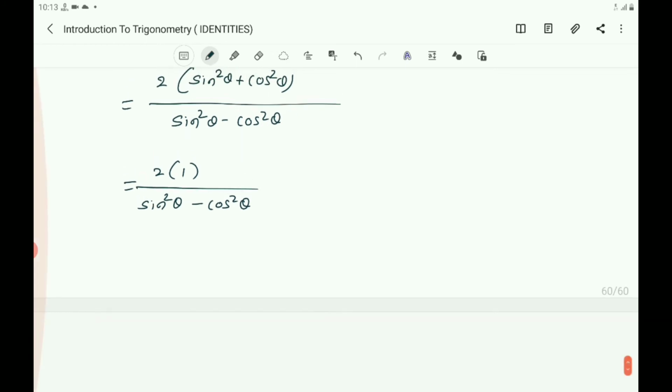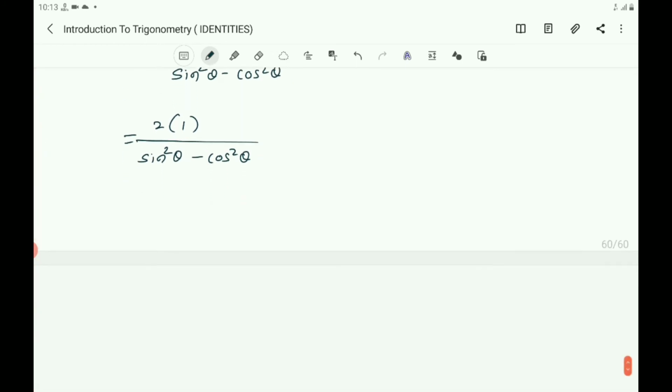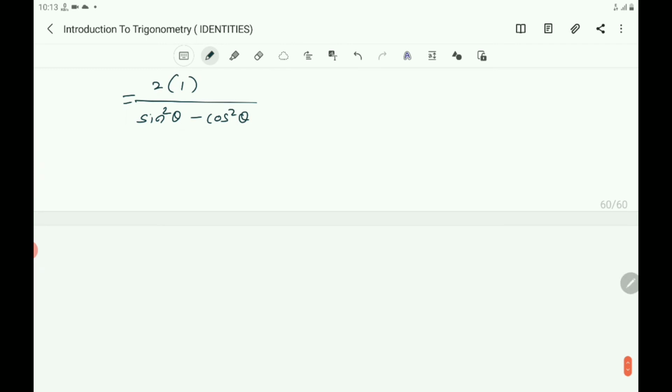So divide both numerator and denominator by cos square theta. So you will get 2 by sin square theta minus cos square theta. To get tan square theta, you must divide sin square theta by cos square theta.